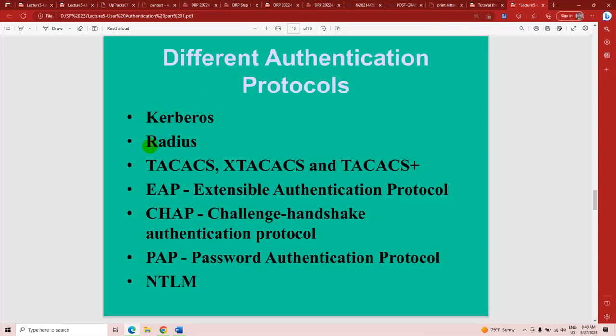In large organizations, to strengthen the authentication process, they use a RADIUS server or TACACS server along with the domain controller. If we don't have a domain, the authentication is done using NTLM in Windows systems. Clear?